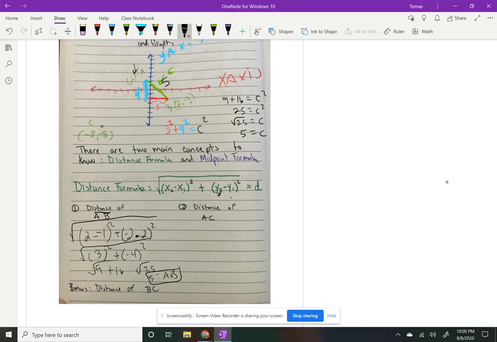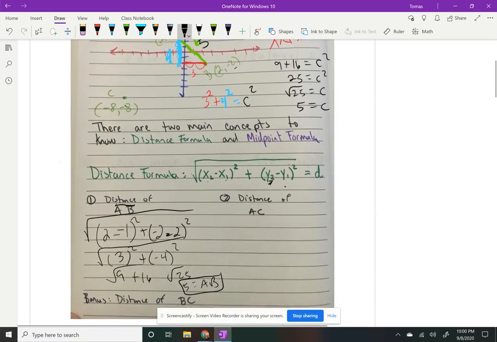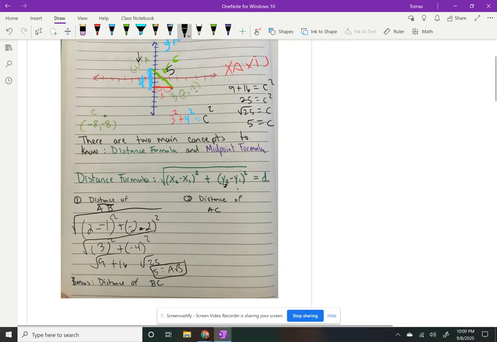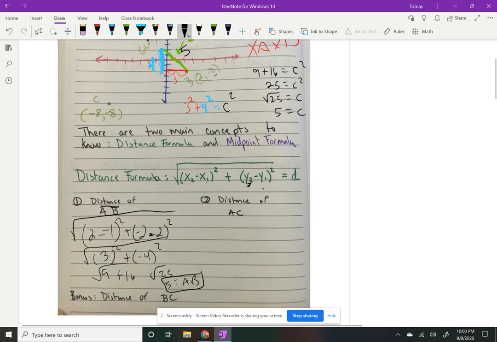But if you think about it, we actually went down, and when you go down, it's negative. So you're going down 4 over 3, which is kind of like the slope. It's the same idea. I just wanted to go through that with you so you can make the connection. You've always done distance with the Pythagorean theorem, just now it's more distinct.